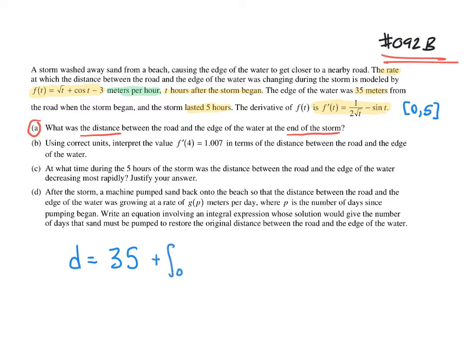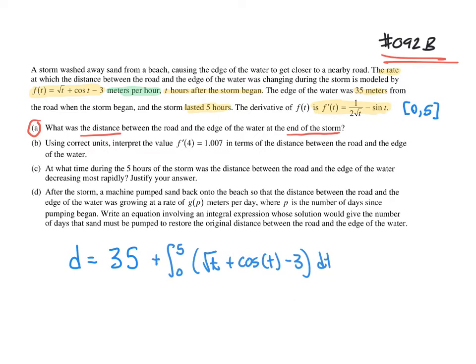We're going to integrate from 0 to 5 this function f of t, which is the square root of t plus cosine t minus 3. And together, the 35 that we started with plus the change that we accumulate over the course of 5 hours will give us the distance between the road and the edge of the water at the end of the storm.